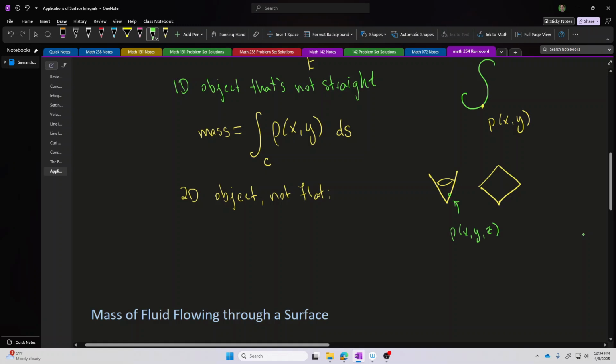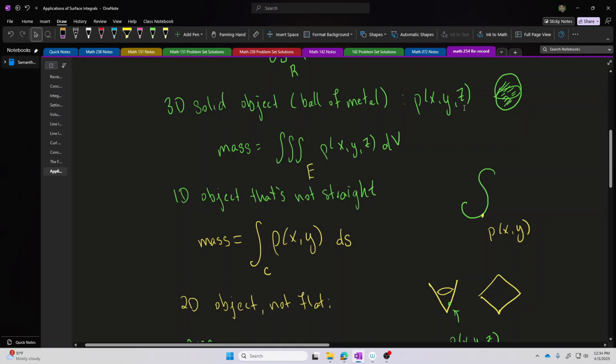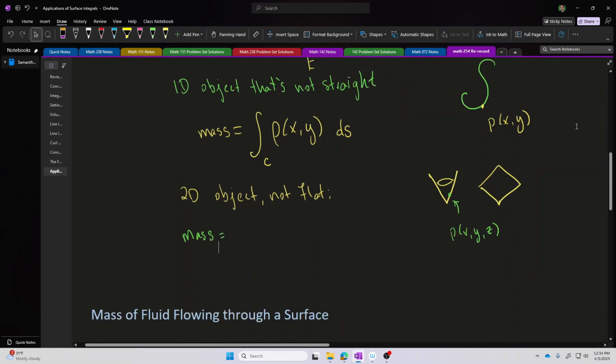It would be a scalar field with three inputs because locations on your object would have to be identified using three coordinates. But even though the density function has three inputs, the object itself is not a solid three-dimensional object, which means that a triple integral is not appropriate. Instead, we would calculate a surface integral of the density function. We would use a surface integral to calculate masses for objects that are 2D but are not flat.